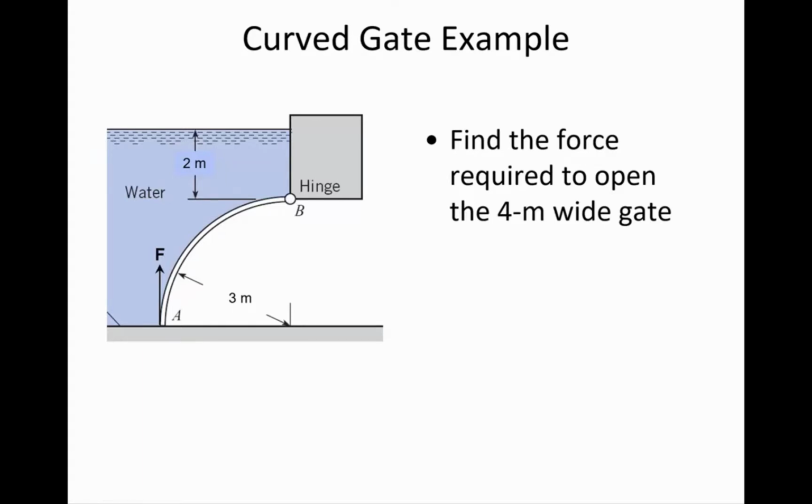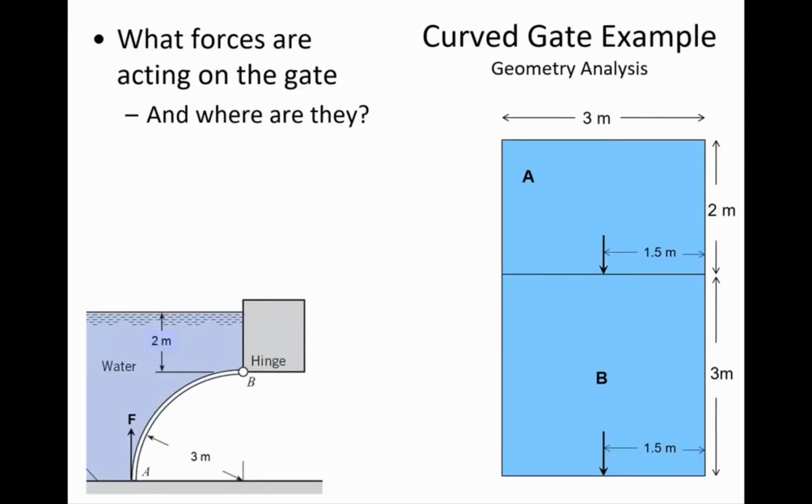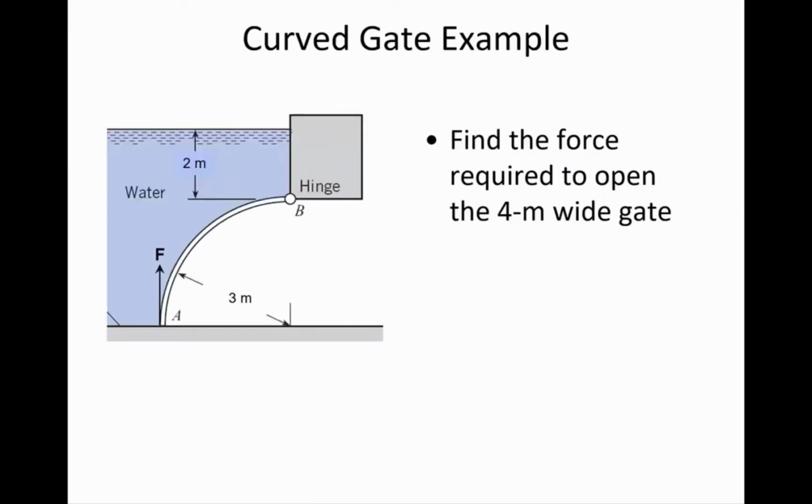And so we're going to go through the same kind of process that we did in the last example. We're going to consider the horizontal forces and the vertical forces, and then we also want to know the location of those forces.